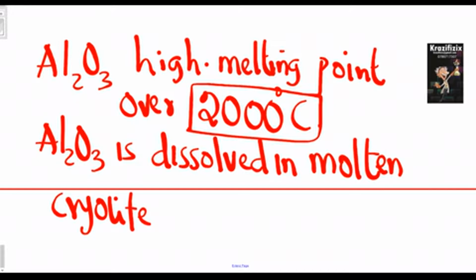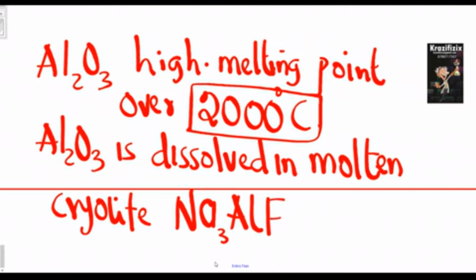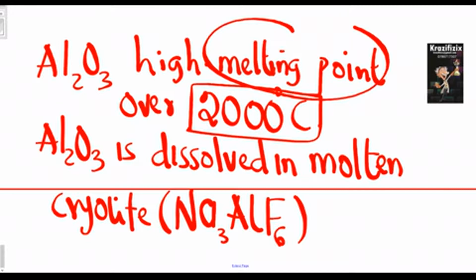It's dissolved in molten cryolite. The formula for that is Na3AlF6. Molten cryolite is used simply because we want to decrease the melting point from 2,000 to about 900 degrees Celsius, which is fair.